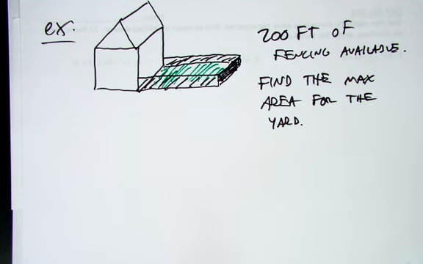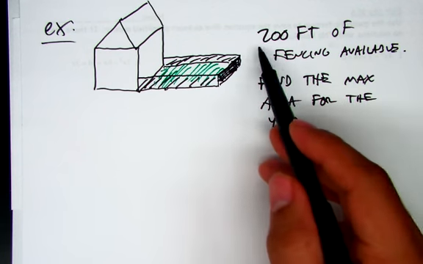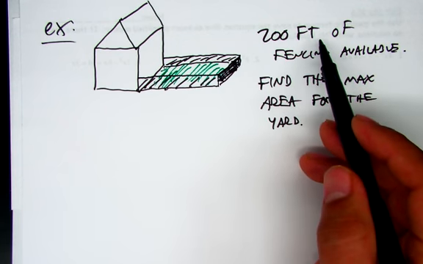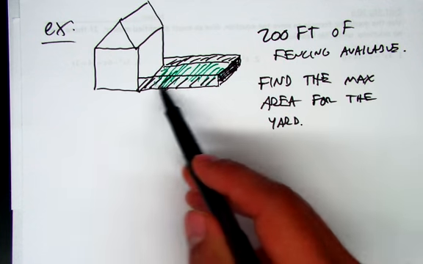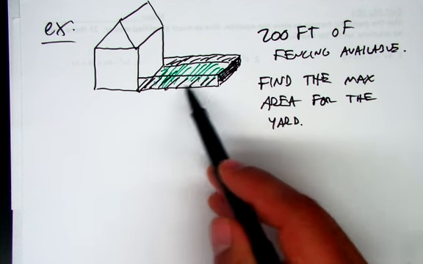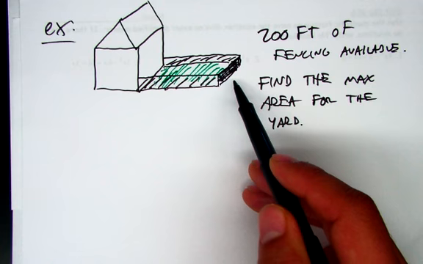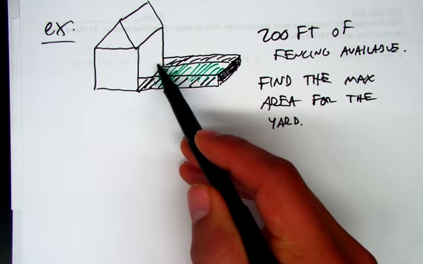So your job is to write down any formulas that might help us, right? This 200 feet of fencing, where does the 200 come into play? The perimeter, right, the perimeter. Notice, am I using all four sides here?